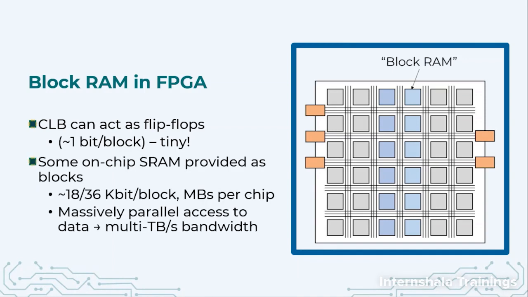Some of the on-chip static RAM provide us these blocks. These can be very small in size, like 18 or 36 kilobits. It can be in the megabits also, and you can also have massively parallel access in terabyte per second also.